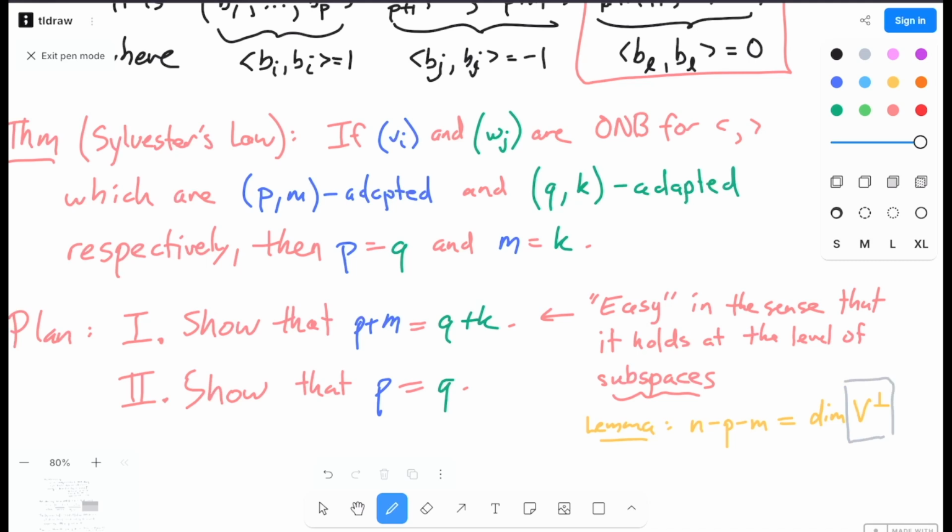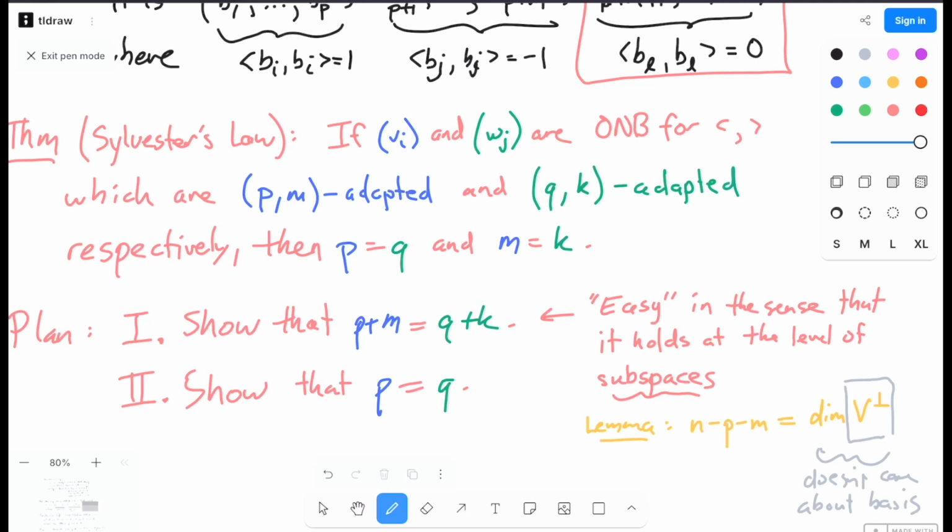And the point is that this thing over here doesn't care about the basis. So we're done. This lemma then implies that first part directly.